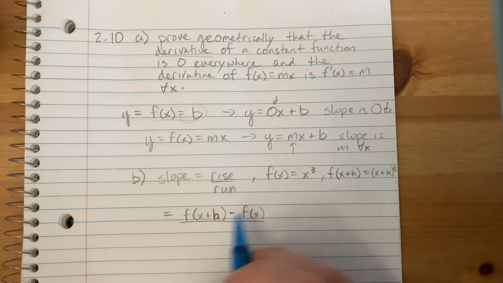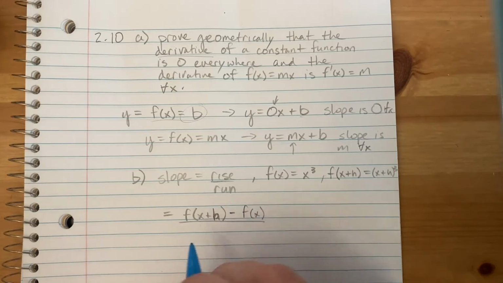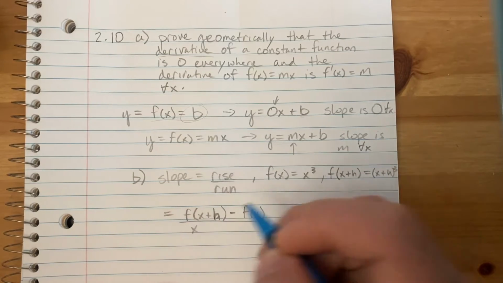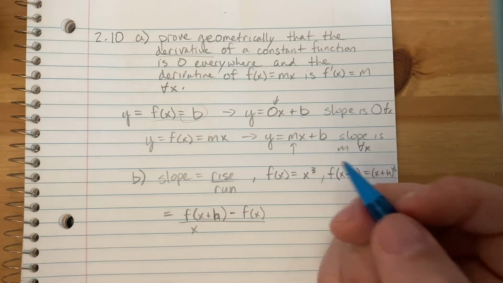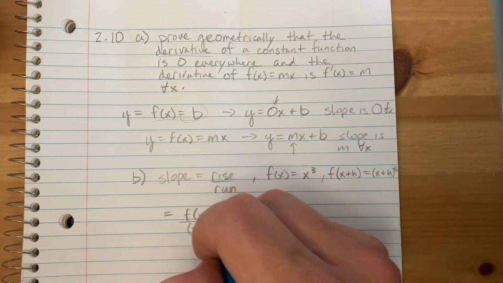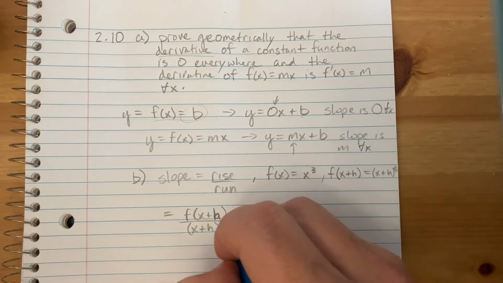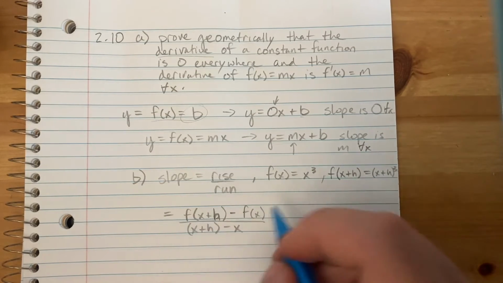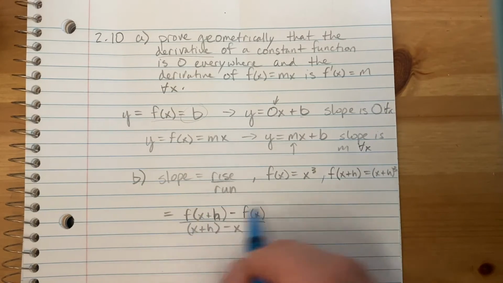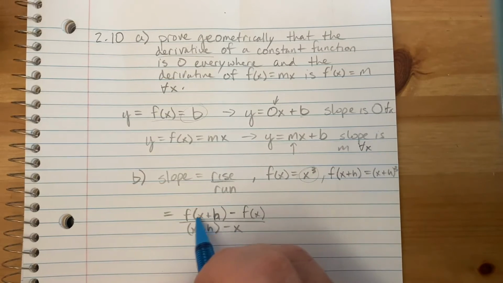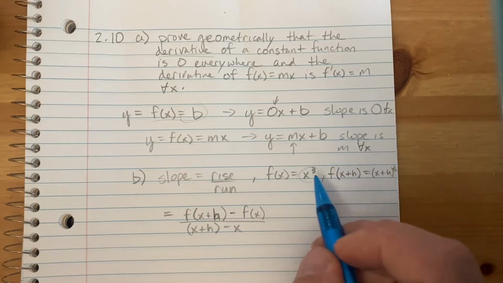over, let's see, I got to be consistent here. So x plus h minus x. And I'm going to rewrite this. Instead of using the function notation, I'm going to use the function itself.